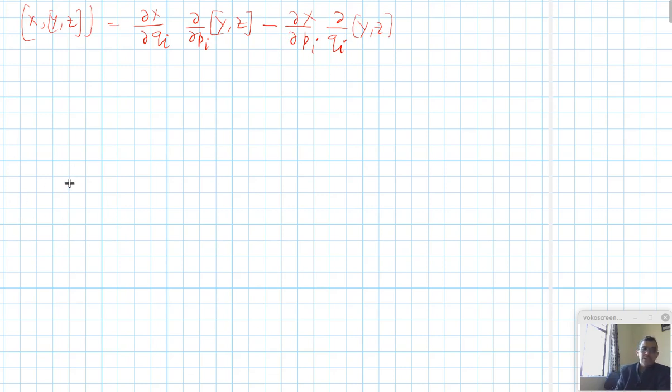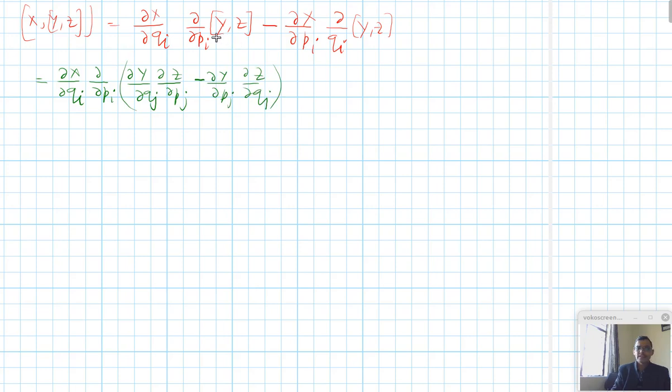So now let me simplify this term. It is equal to ∂X/∂qi, ∂/∂pi, and then, I am ignoring the summation here, it is ∂Y/∂qj, ∂Z/∂pj minus ∂Y/∂pj and ∂Z/∂qj.